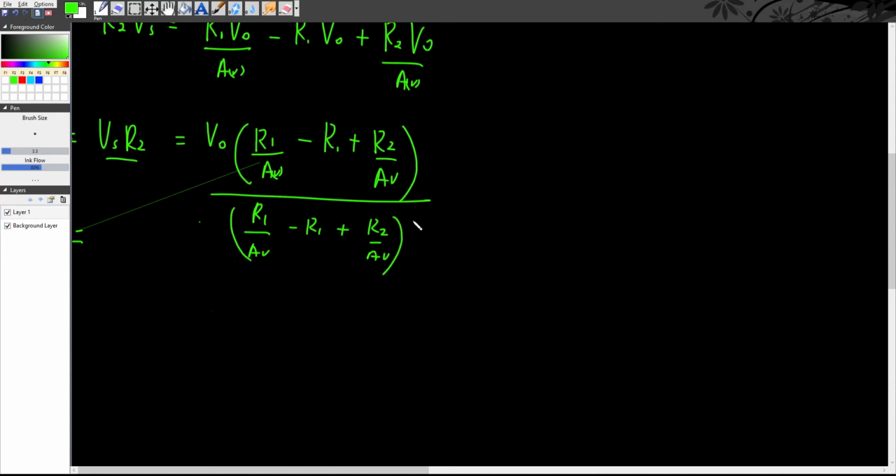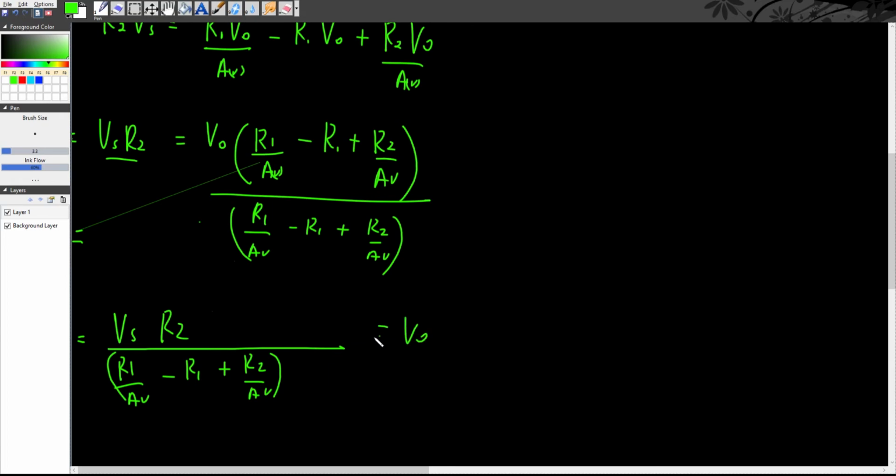By doing that, what we're going to get is the equation Vs R2 divided by R1 over AV minus R1 plus R2 over AV is equal to V naught.